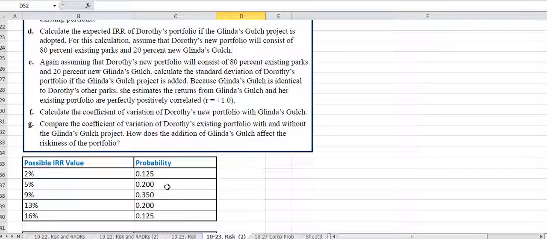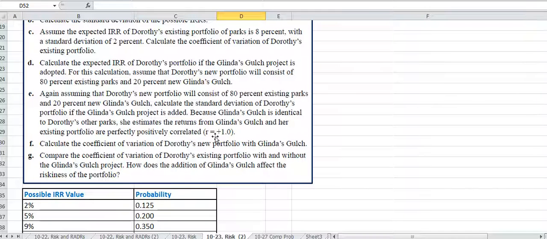All right, now we have a correlation that's perfect. So our R value is going to be 1. So the correlation. These parks, because they're similar, whatever happens to one is going to happen to the other one.